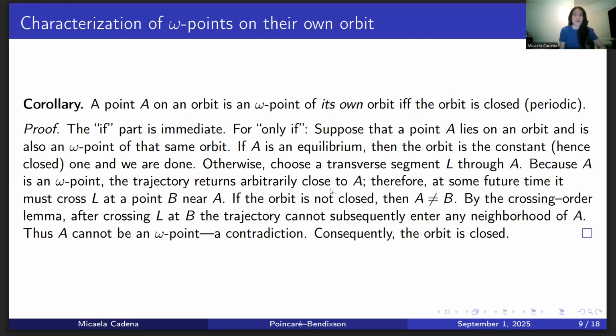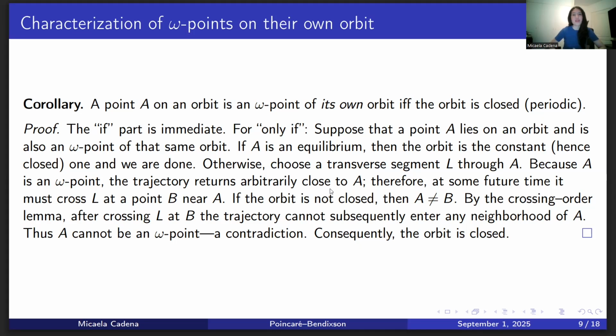The second result that we will present is a corollary. A point A on an orbit is an omega limit set point of its own orbit if and only if the orbit is closed, that is, if it's periodic. For the proof, the if part is immediate because if the orbit is closed, any point A on the orbit would be an omega limit set point of its own orbit by the definition of omega limit set.